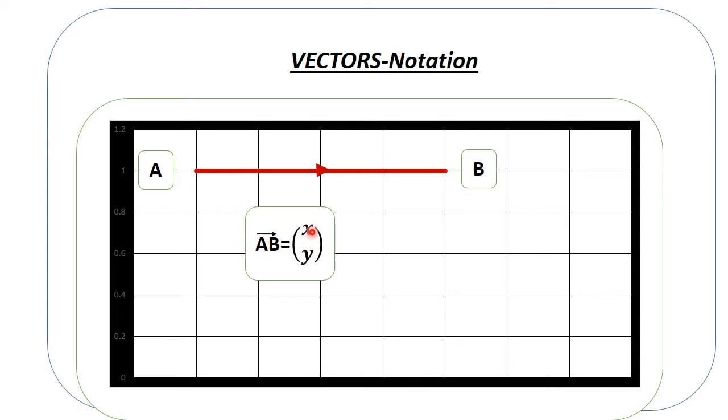So we say AB is (X, Y). In this case, how many boxes has it covered on the X-axis? It's 1, 2, 3, 4. So on the X we put 4. Then in the Y it hasn't covered any box, so it's 0. So this is (4, 0).